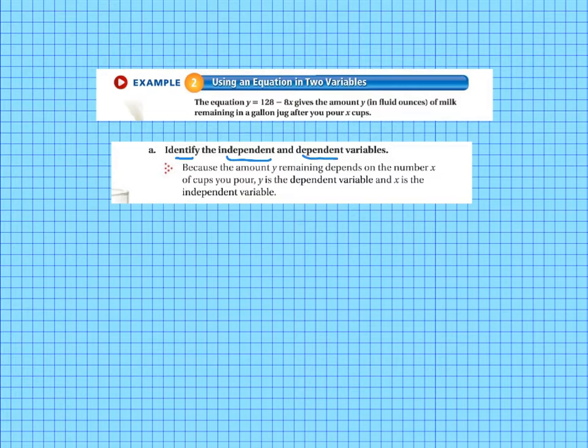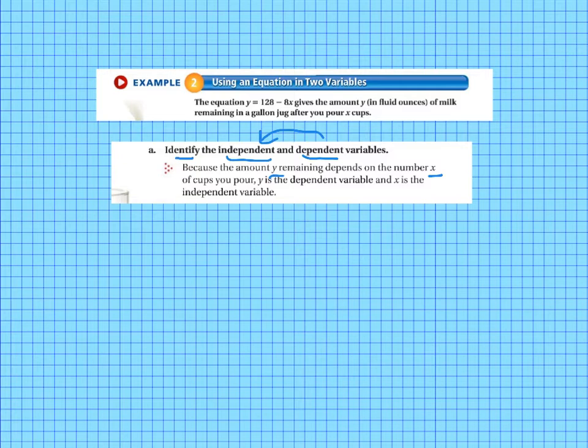So an easy way to think about this is just remembering what those two words independent and dependent mean. So independent means it does what it wants, and dependent means that it depends on the other variable for its value.